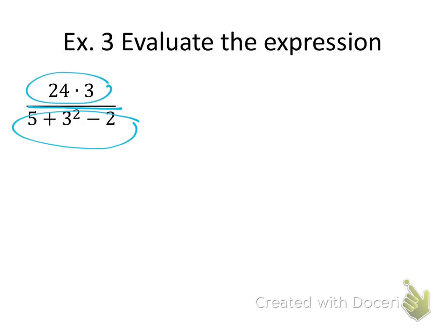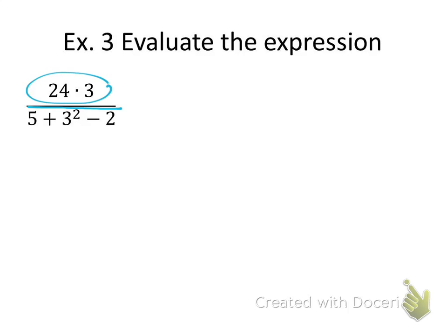This division bar, I am not going to say, oh, because it is division, it goes in the division spot on order of operations. No. What it does is it serves as a barrier between my numerator and my denominator until the very, very end. The last step, I'm going to actually use the division bar and divide, okay?